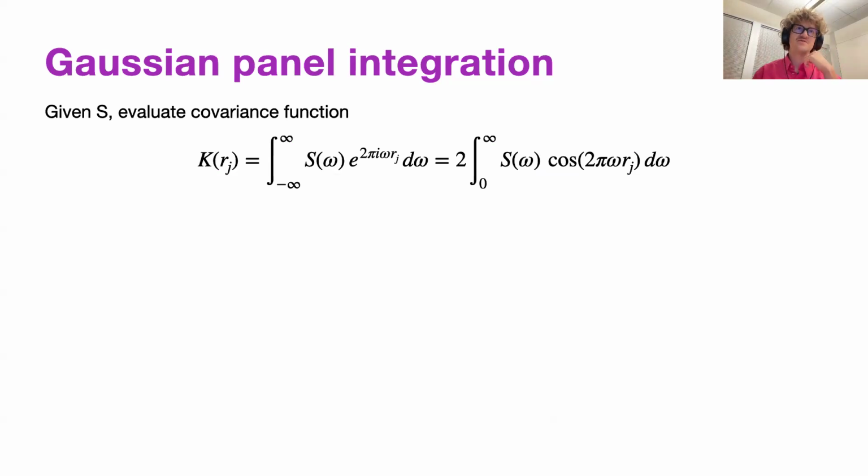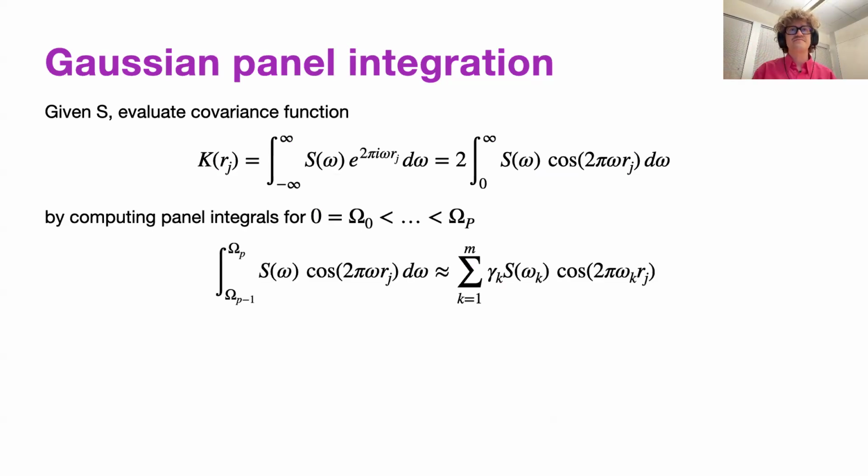to evaluate the covariance function, which we'll call K of r_j, where we have a large number of r_j's. In this case, if we assume our S is real and symmetric about the origin, then this reduces to just a cosine transform. So we'll compute this cosine transform by computing panel integrals.